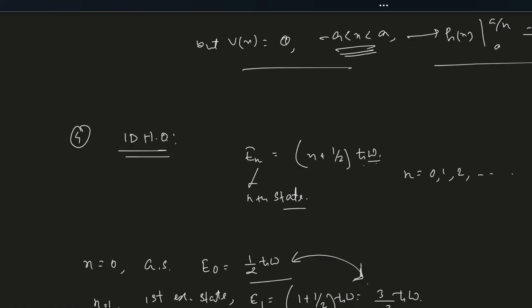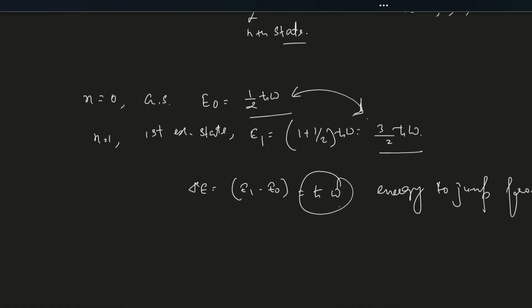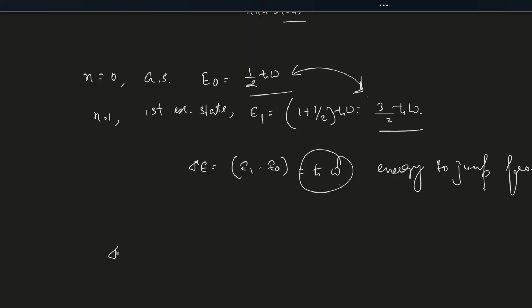This is the energy required, the thing they have asked us to calculate: the energy to jump from the ground state to the first excited state. Now what other information we have is that the position uncertainty for this case is 10 to the power of minus 10 meter. Once you know the position uncertainty, what information can you get out of it?